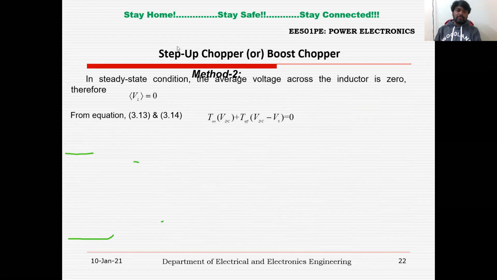So if you apply the volt-second balance principle, during on-time period, the voltage across the inductor is this much. During off-time period, the voltage across the inductor is this much. You make it equal to 0, right?